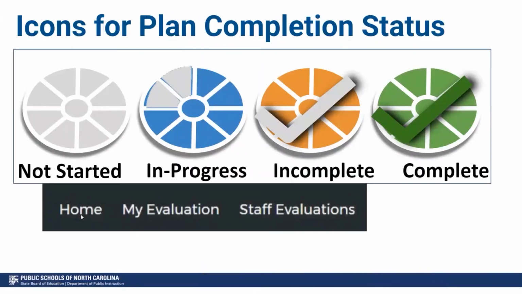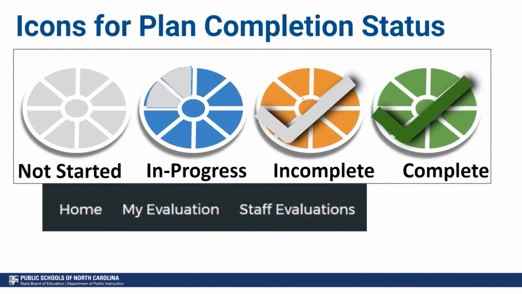When you're in NCEES and you're going through the activities, just remember what the icons should look like as you are completing activities. The gray floret means this activity is not started. If you see it 3/4 blue, the activity is in progress. If you see it orange, it's almost complete.